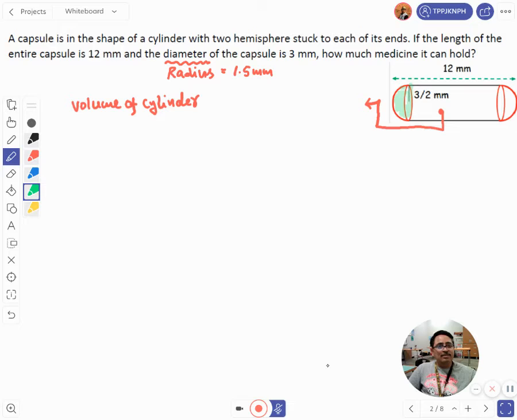And the other end there is another hemisphere. Therefore, two hemispheres make one sphere. Okay. So here you see that on both these sides there are two hemispheres. Now, if I combine these two, you'll get one complete sphere, right?